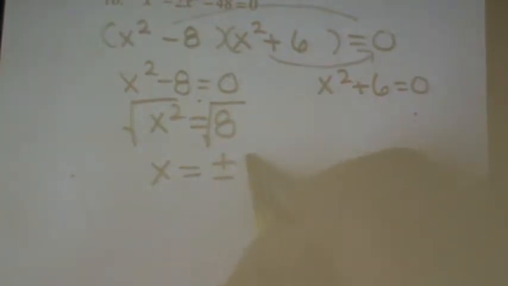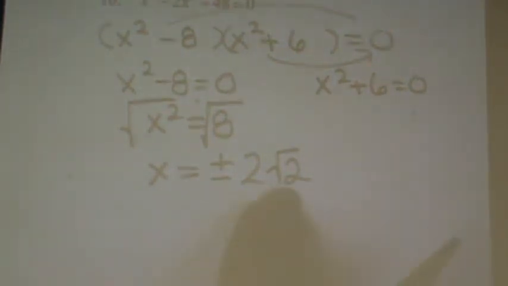How do you find these 2 answers? You're going to add 8 and then square root both sides and you get x is plus or minus. What does this simplify to be? Anyone know? Good job. 2√2. So those are 2 real answers. Where are they? I would have to convert these to decimals to see where on the graph they would be. What about this one?